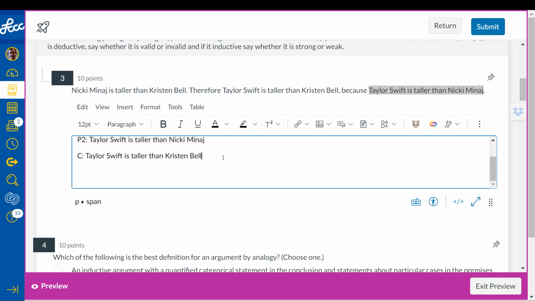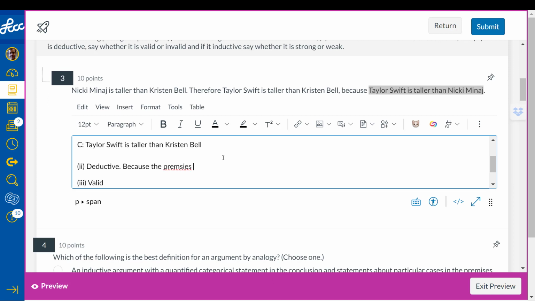So we're going to say that it is deductive and valid. So we're going to say it's deductive because the premises make the conclusion certain if they were true.